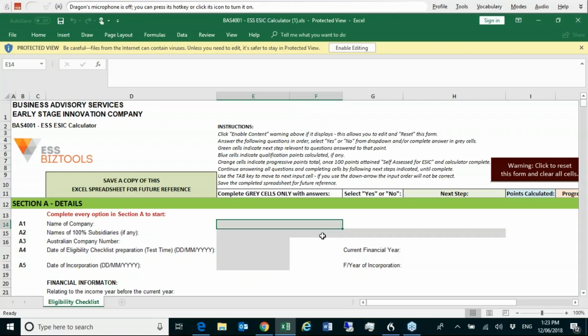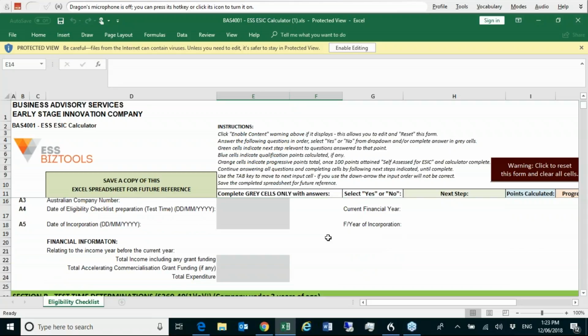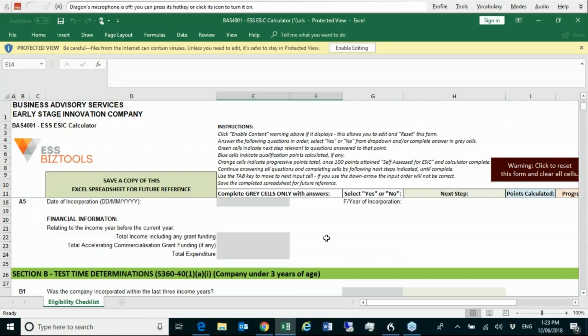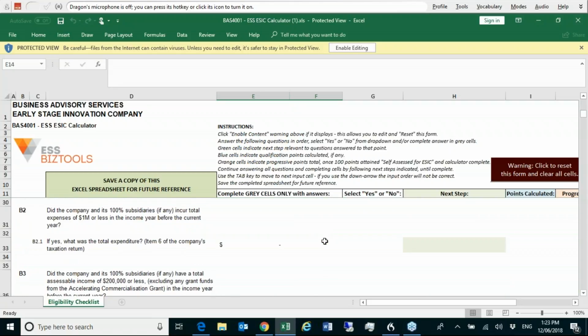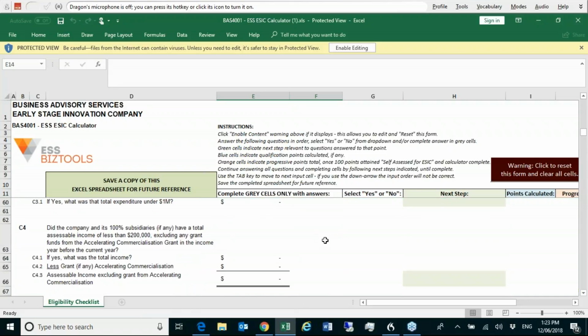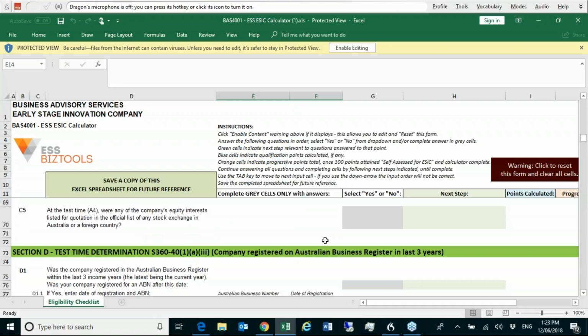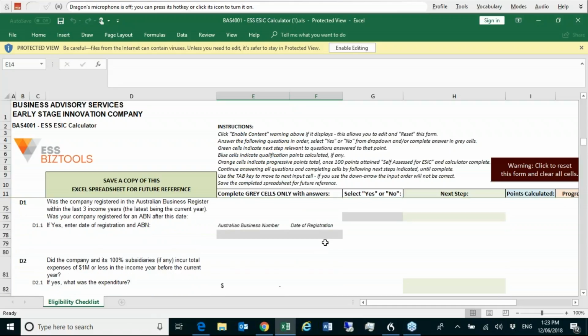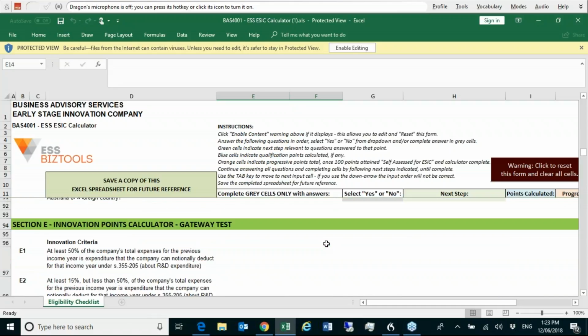It's going through the first test looking at expenditure and income and whether date of incorporation, etc., to see whether they're under the 3 years or 6 years. So the system goes through and looks at that and whether they've been registered on the Australian Business Register in the last 3 years.